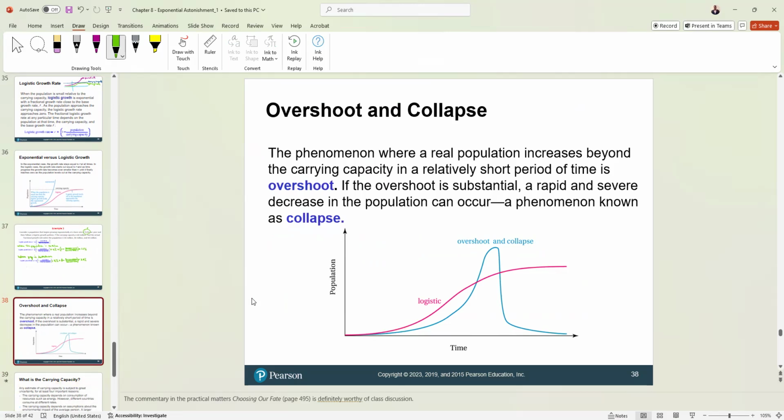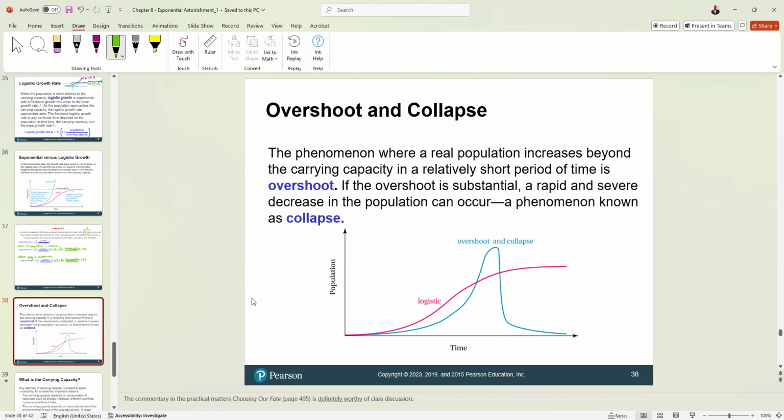The logistic model assumes that the growth rate automatically adjusts as the population approaches the carrying capacity. However, because of the astonishing rate of exponential growth, real populations often increase beyond carrying capacity in a relatively short period of time. This phenomenon is called overshoot. So, to make it short, we said the phenomenon where a real population increases beyond the carrying capacity in a relatively short period of time is overshoot.